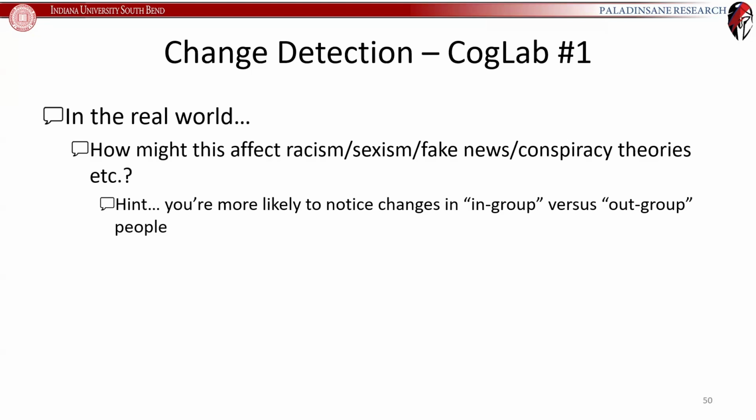stereotypical response, true, but stereotypical, where people will say, well, all those people look alike, right? All those people act the same. All those people, insert whatever those people are. Basically, what they're saying is that all those out-group people, not my people, not my in-group, they're all the same.